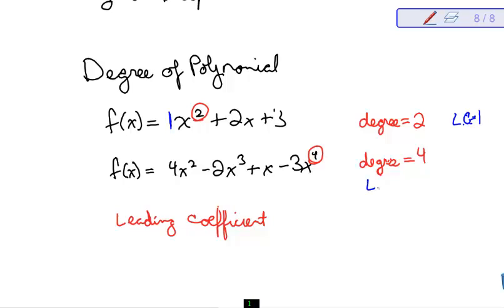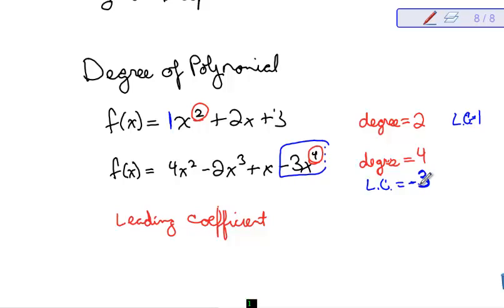In the second example, my leading coefficient is not a 4 as here. The leading coefficient goes with the largest exponent, so it's actually back here, and so my leading coefficient is a negative 3.